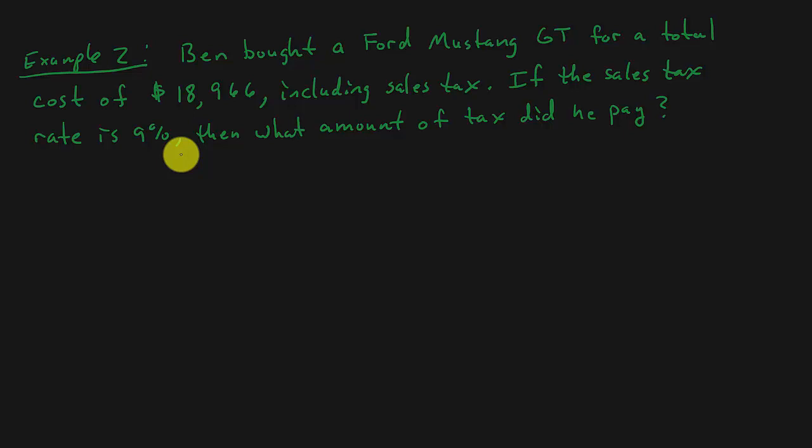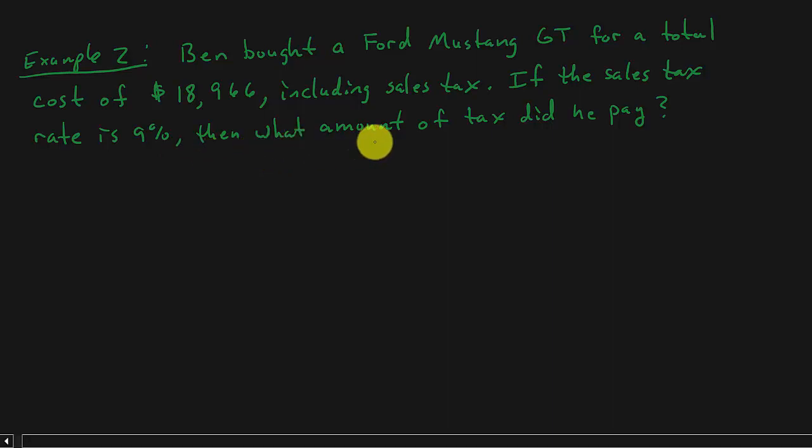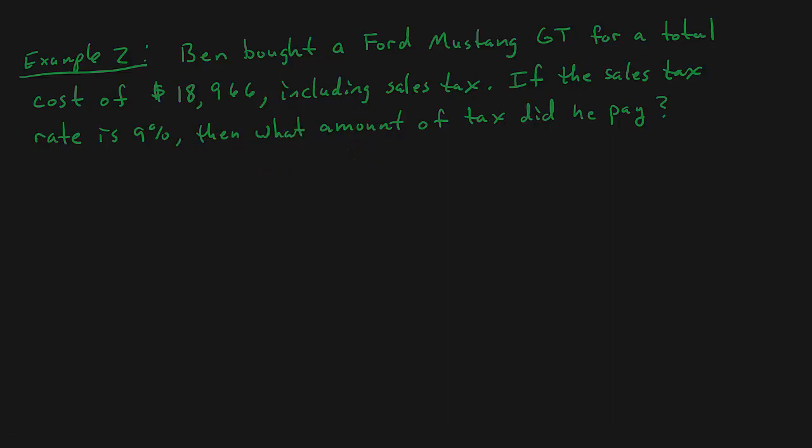Okay, so whenever you're dealing with a word problem, you've got to identify your variable. What's X? Well, let's look and see. So we're looking for sales tax. Well, they give us the total cost that we paid. So I guess what we would need to do here is maybe find out how much the car cost.